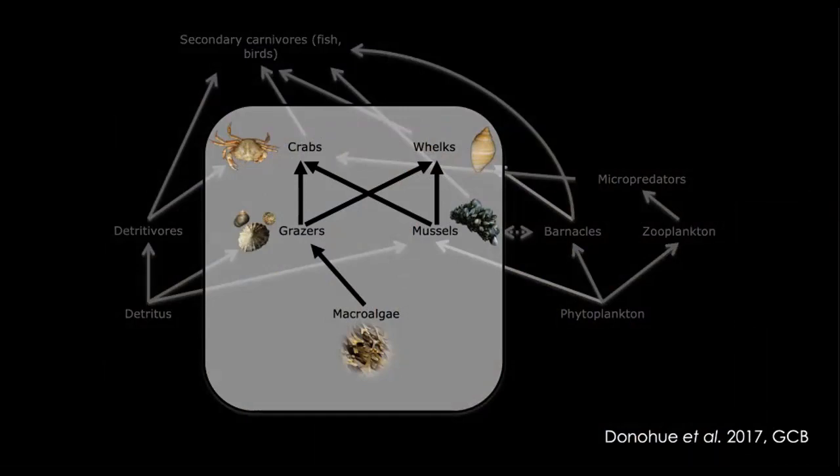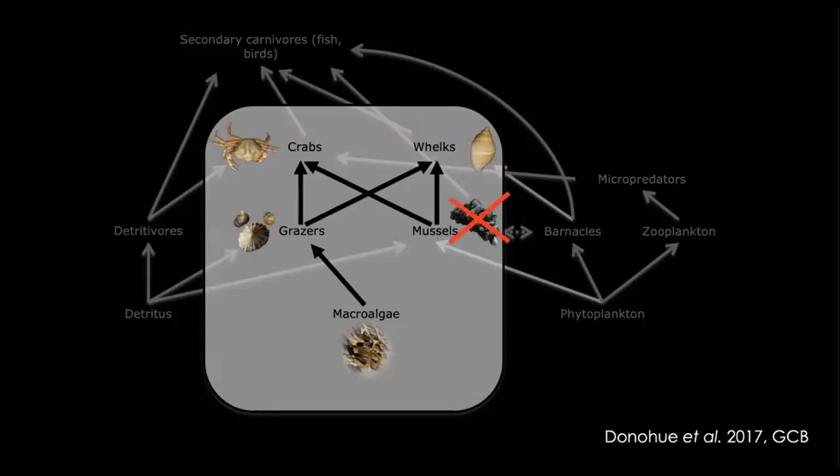In this community, my colleagues simulated the local extinction of some of the species. More specifically, they simulated the extinction of the crabs or the whelks in isolation or in combination with the extinction of the grazers or the mussels. And they let the experiment run for 14 months.